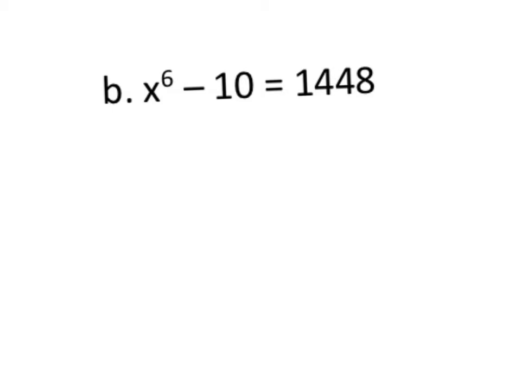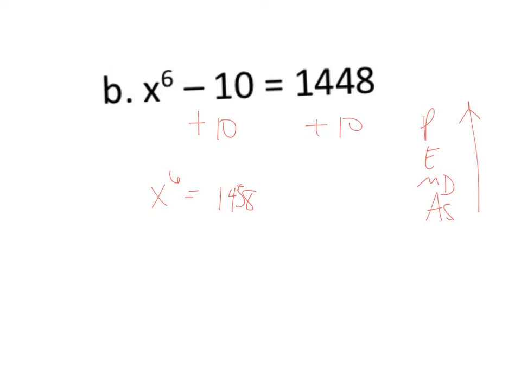Okay. Here, once again, PEMDAS backwards. We do addition, subtraction first. So we have subtraction, we're going to undo that minus 10 by adding 10 to both sides. Sorry, I wrote that weird. So x to the 6th equals 1,458.